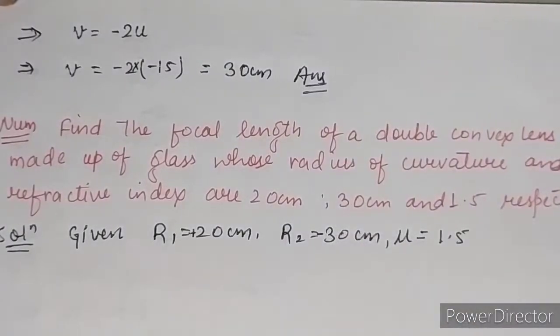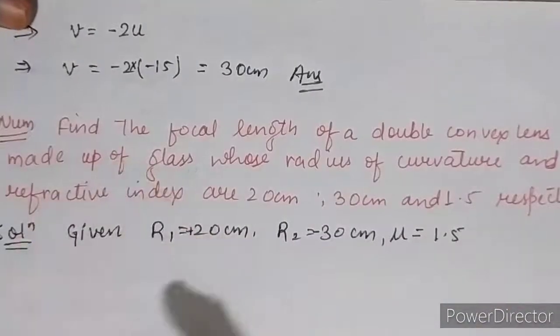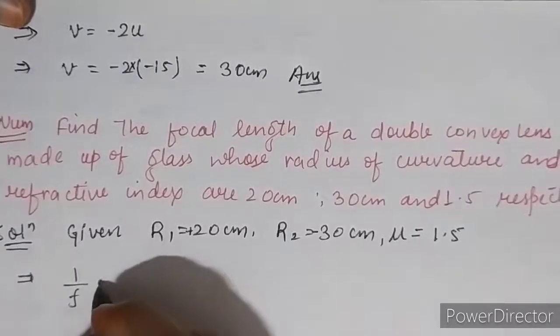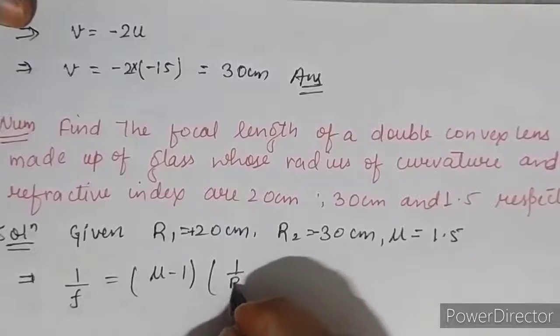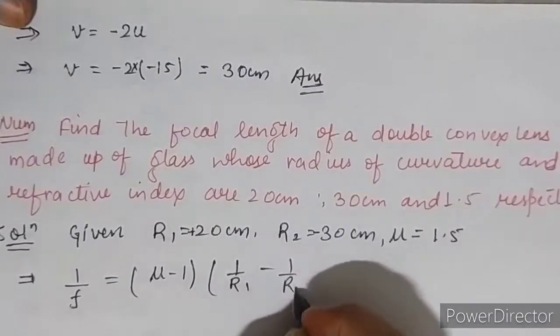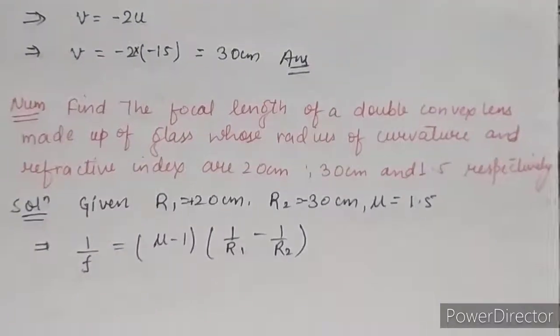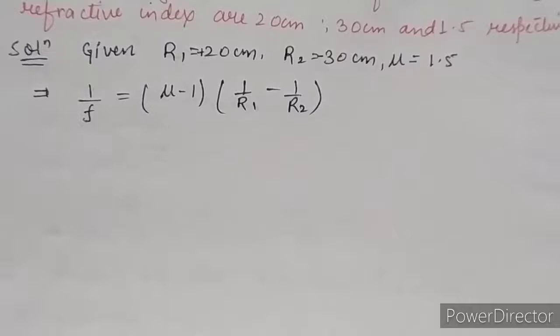Okay, now we have to put these values in the formula. So your formula is 1 upon f is equal to mu minus 1 into 1 upon R1 minus 1 upon R2. Okay, so this is the formula. So we have to put all these values in this formula, beta.